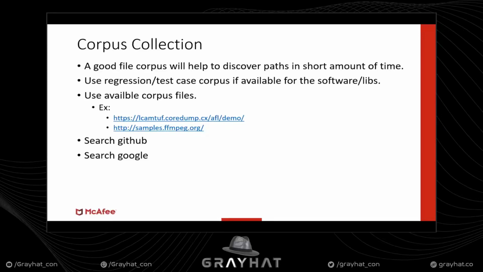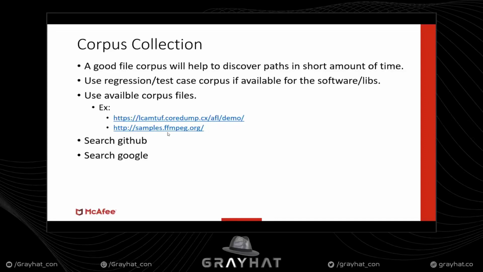Another thing you can do is use available corpus files on the internet. For example, the author of AFL maintains a good file corpus for image files over here. So you can go to this URL and download that archive file. That will help you if you want to fuzz any image viewer or image reader software.